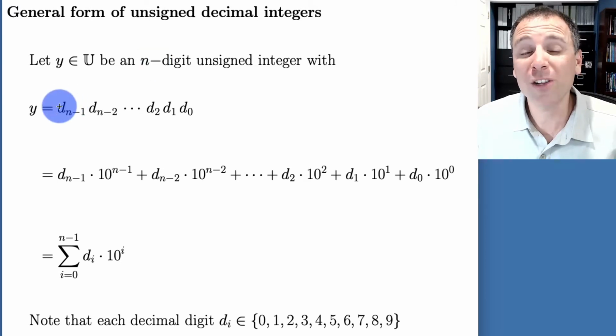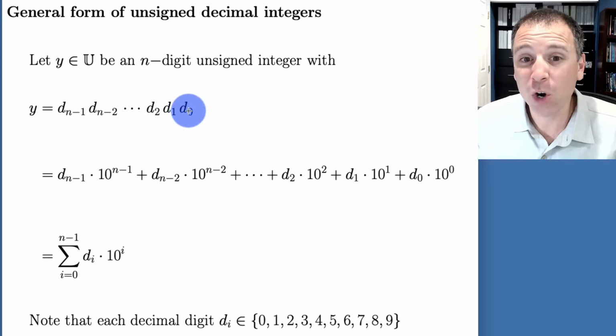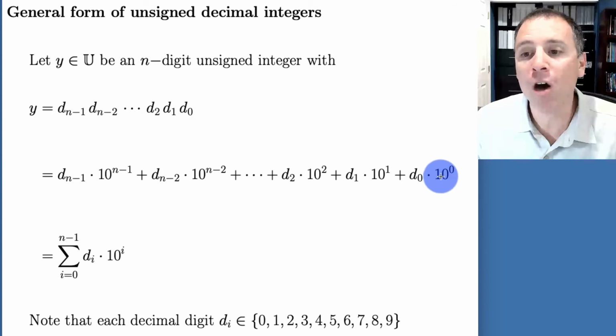On cursory look, it's a little bit strange that the most significant digit has a subscript n minus 1. But if we look a little deeper, remember n digits means that we have a string of n decimal digits. Here, our numbering system is not starting with 1. It's starting with 0 because the least significant digit counts the number of 10 to the 0 groups that I have.